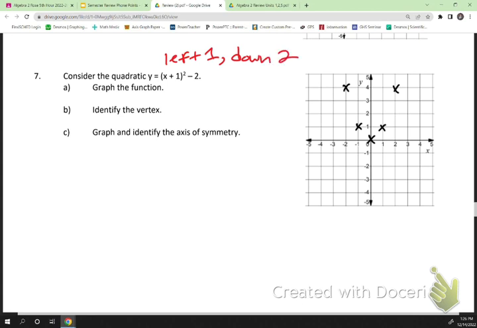So I like to sketch my parent function with x's. Those aren't my points. But now I'm going to shift those points left 1 and down 2. So I'm going to move each one left 1 and down 2.